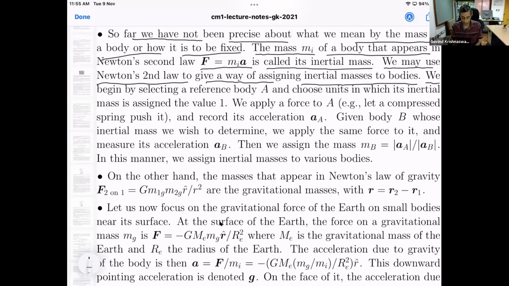We begin by selecting a reference body. Let's call it A. So this could be this bottle or something. Just take some convenient reference body, and choose units in which its inertial mass is assigned the value 1. Okay, so this is completely arbitrary, but we are free to do that because we are free to choose units.